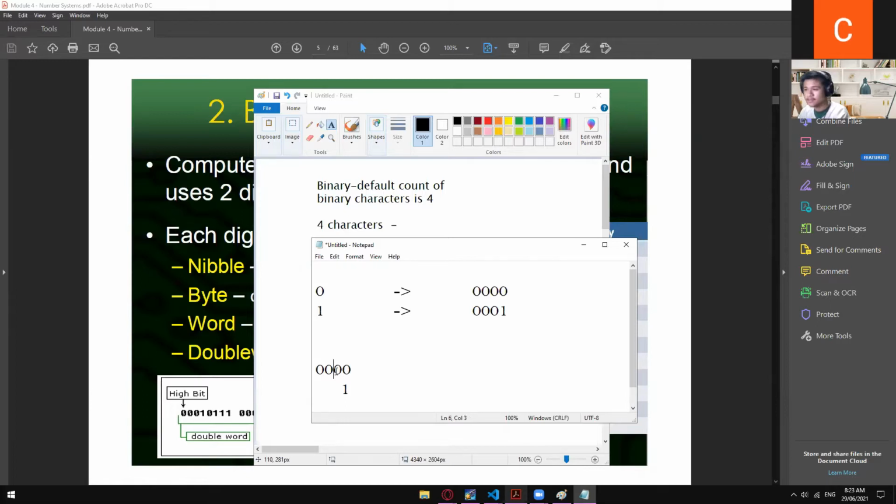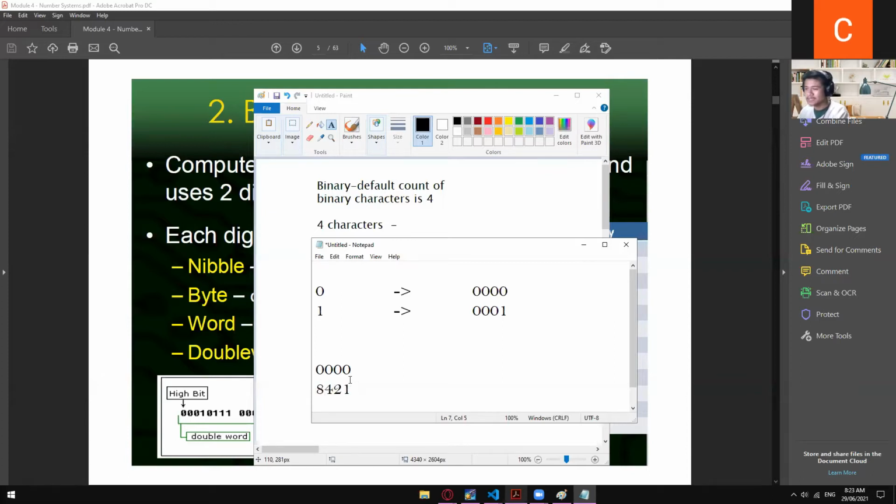The second number, this second 0 right here, is the second lowest bit, so this one is represented by 2. The third one is represented by 4. And the last one, the highest bit, is represented by 8.